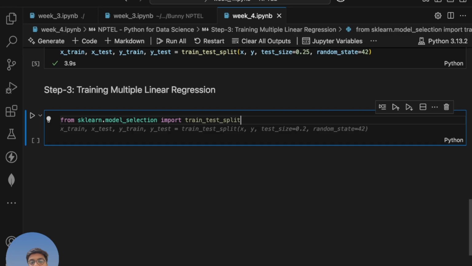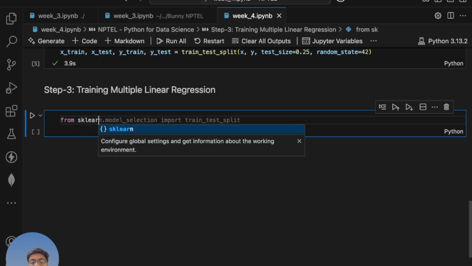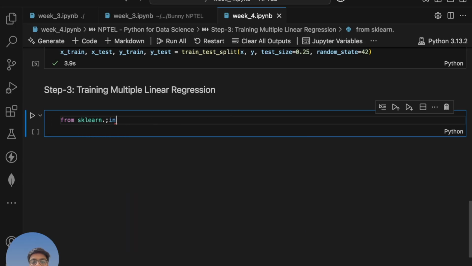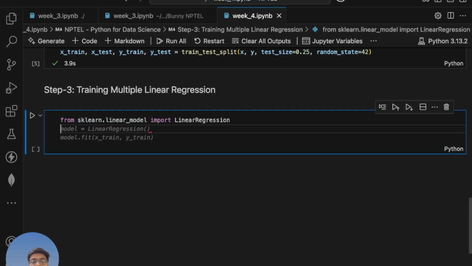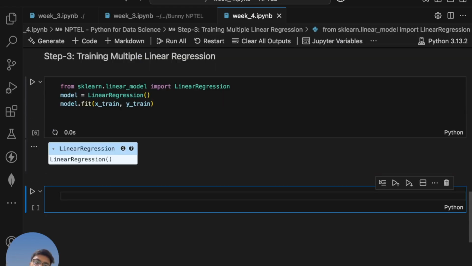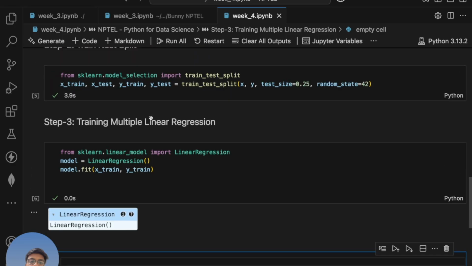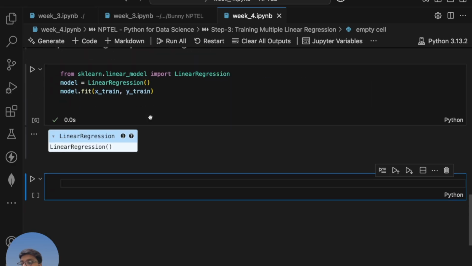From sklearn.linear_model import LinearRegression. Model is LinearRegression. Training and testing. Yeah, this much. Here we have checked the linear regression model, and now we are proceeding further with step 4.